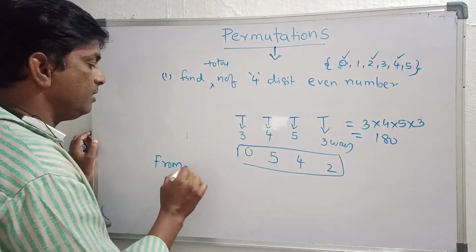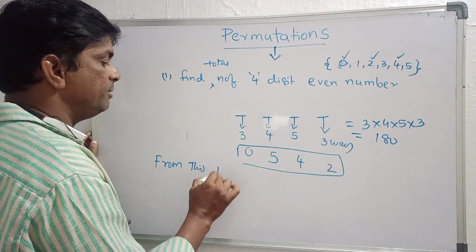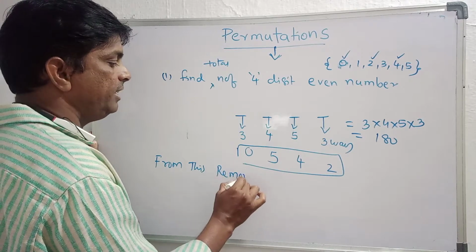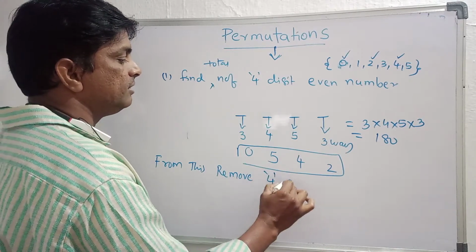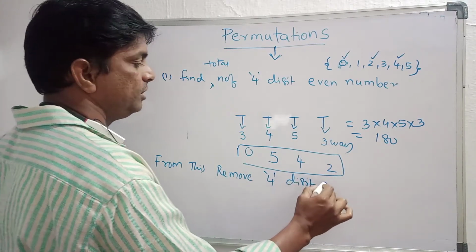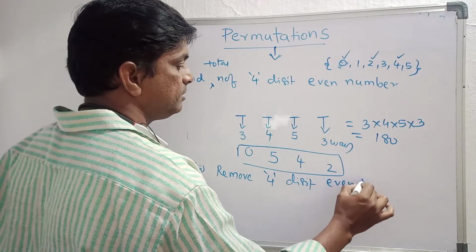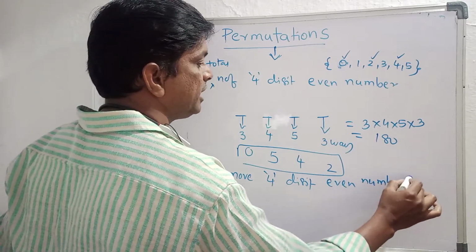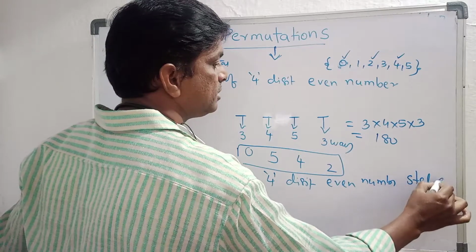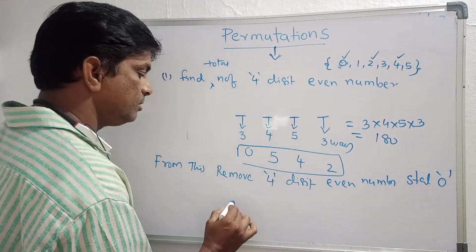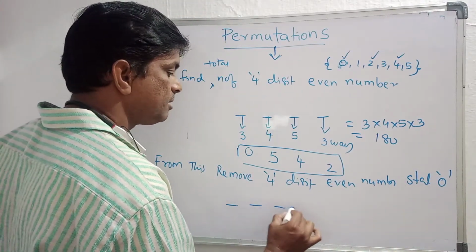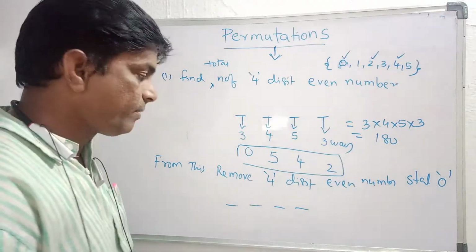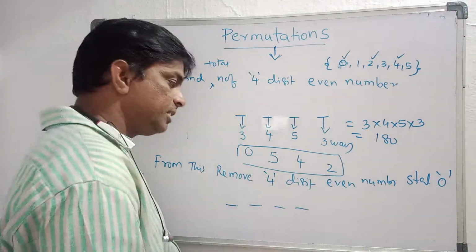So from this, remove the 4-digit even numbers that start with 0. Now how do you remove? Let's find out how many 4-digit even numbers start with 0.